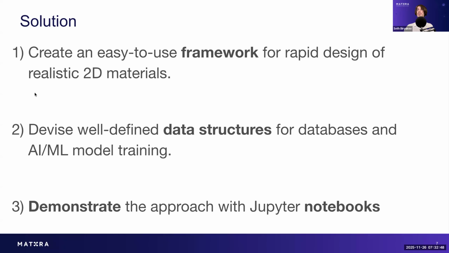We created an easy-to-use Python framework for the design of 2D materials. Our approach has well-defined data structures that help organize information in a database and make it easier to build machine learning models later. And we demonstrate the application of our approach with a set of Jupyter notebooks that can be run in any browser.